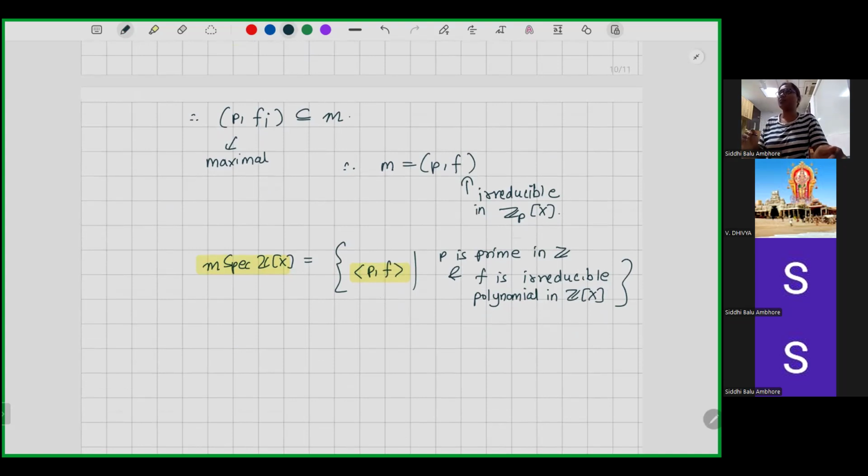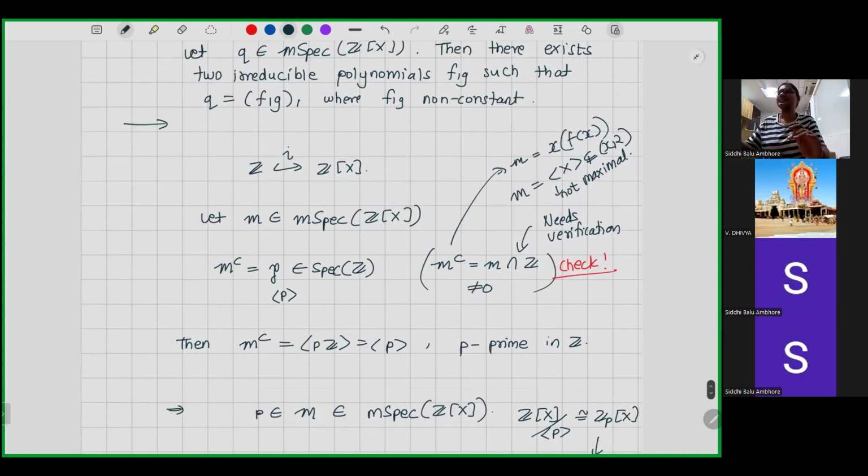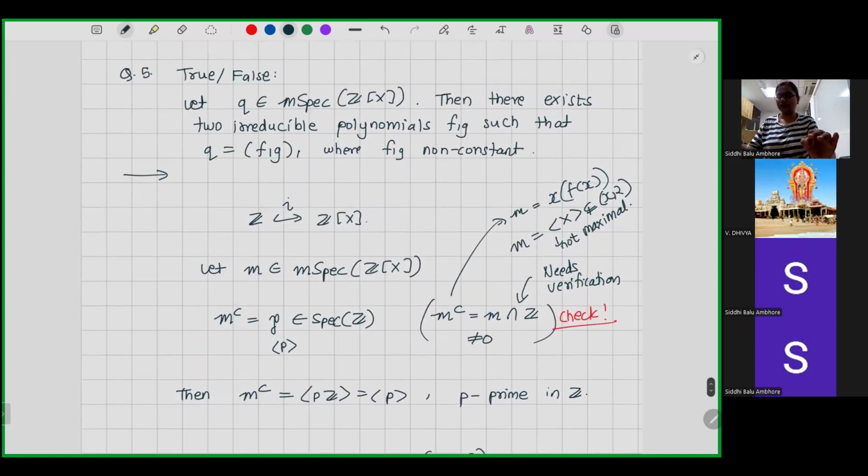Otherwise this won't make any sense. But starting with one maximal ideal in Zx and contracting it, showing that the ideal is always non-zero needs some work. I hope you all can do that work. If not, please raise a question in the discussion forum and we will see.